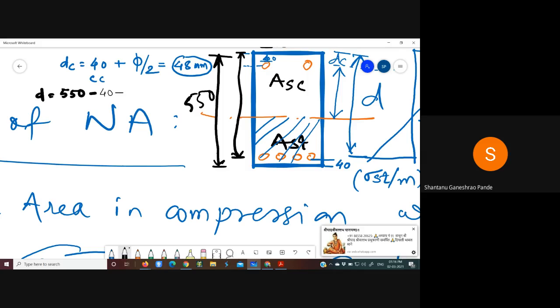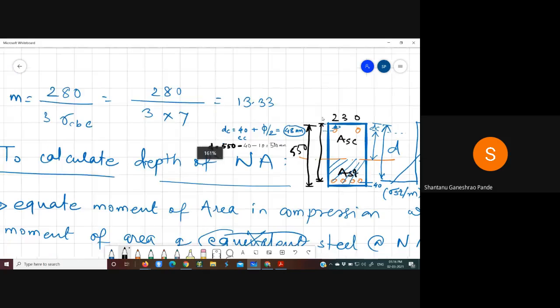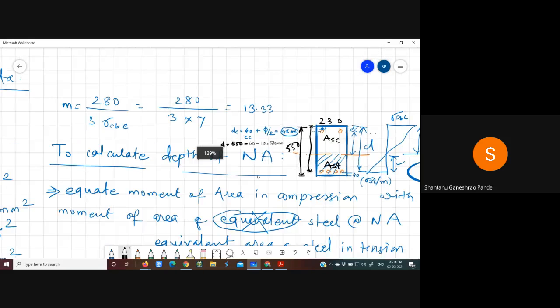For tension steel, the bar diameter used is 20. So 20 divided by 2 is 10. So 500 mm is the effective depth. Did everyone understand? Okay, fine. So with this, we have calculated D as well as the DC value.